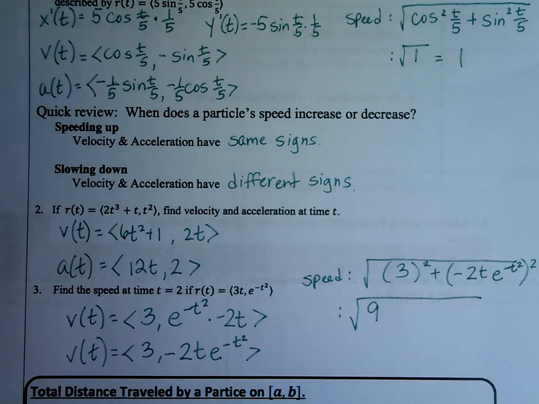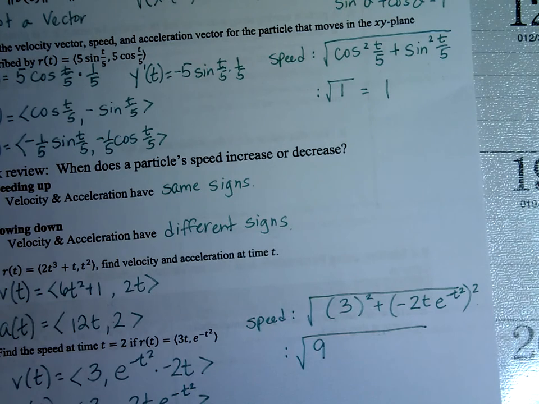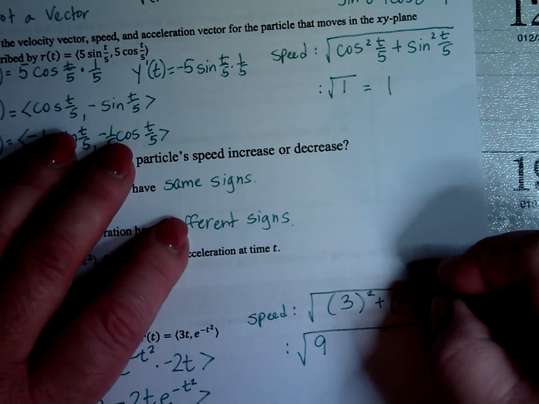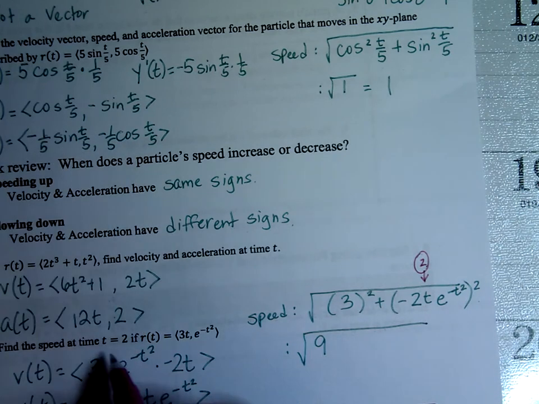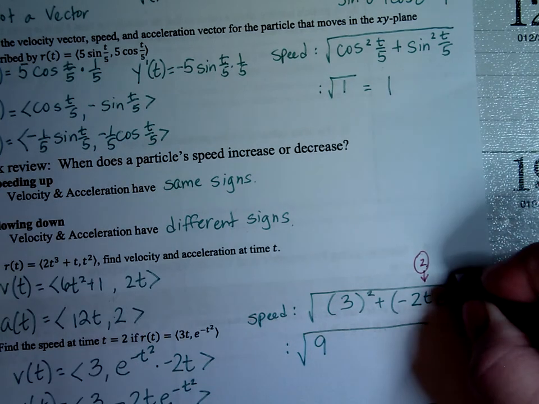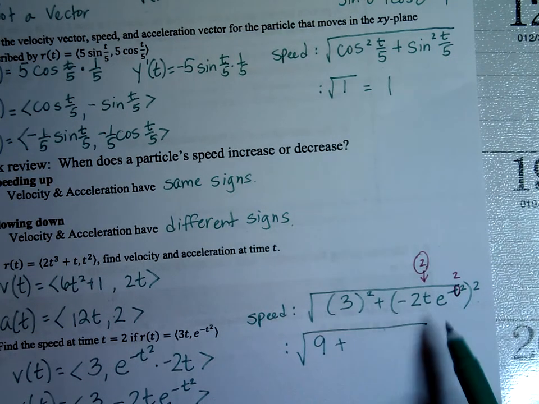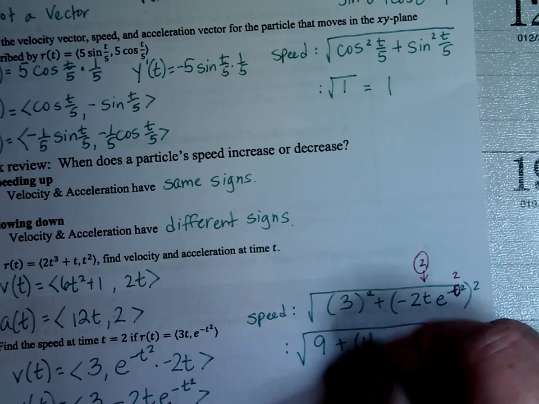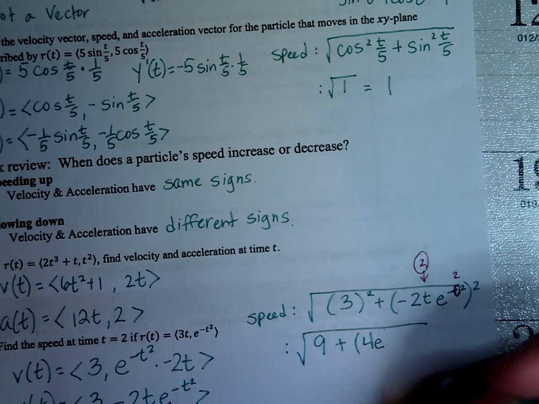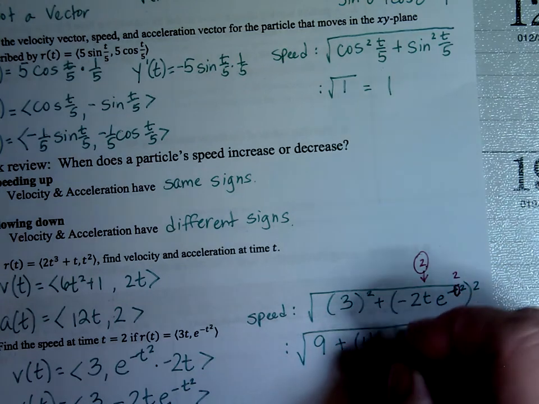If I plug a 2 in here for this, because it said when t equals 2, let's see what that's going to change this whole thing to. So it's plus. When I square the negative, that's gone. 2 times 2 is 4. E to the negative 2 squared is 4, to the negative 4.